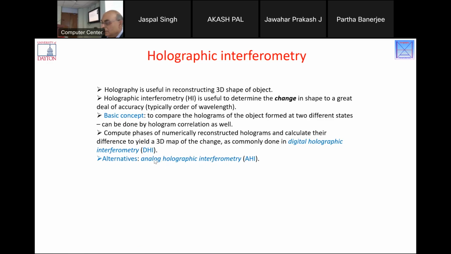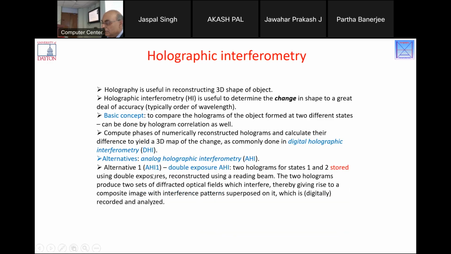So in here, what you would do is, first of all, double exposure analog holographic interferometry. Here you have two holograms for states 1 and 2 stored using double exposure, and then you reconstruct it using a reading beam.